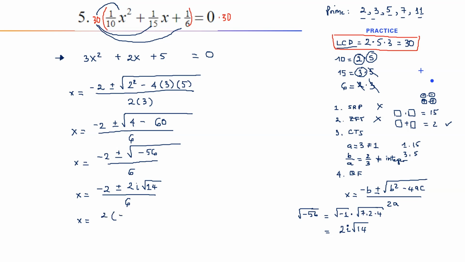We are left with negative 1 plus or minus i square root of 14, divided by 6, which is 2 times 3. Now we can cancel the factor of 2 and are left with the answer x equals negative 1 plus or minus i square root of 14 over 3.